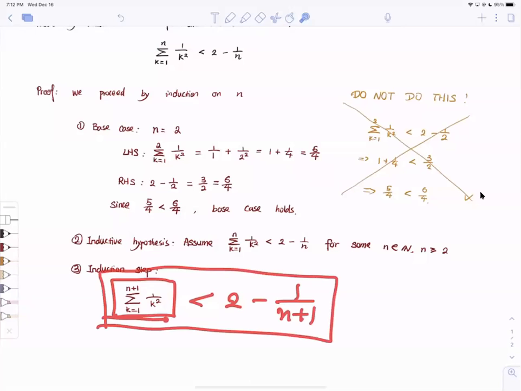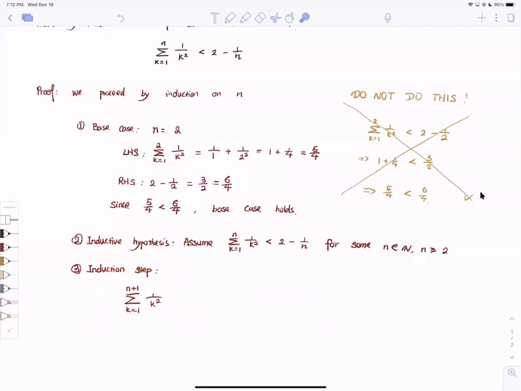I'm starting from this side, but keep in mind that you want to use your inductive hypothesis. Somewhere in your induction step, you want to get something similar to your inductive hypothesis. If I observe those two, I can write this as this plus the last term.